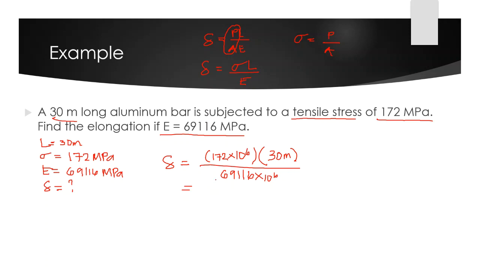The Pascal cancels, so what we have left in the unit is meter. This is equivalent to 0.075 meters. So this is now the elongation of our aluminum bar.